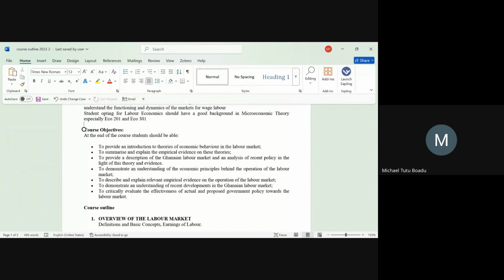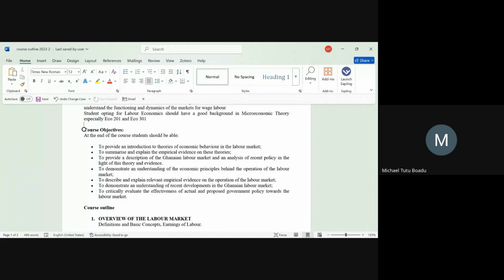At least you should know some theories that explain the behavior of individuals in the labor market. And then you should also be able to summarize and explain the empirical evidence on these theories. How applicable are the theories in the labor market? So we'll try and link whatever theory we look at to the empirical world.